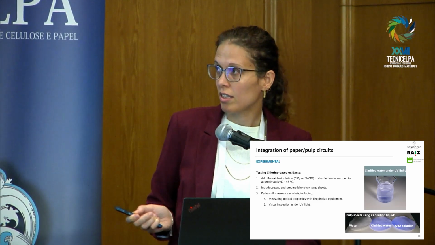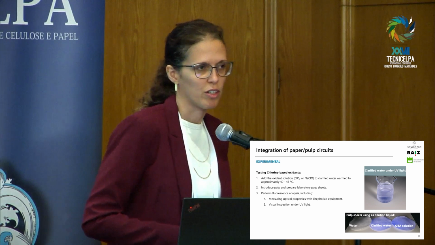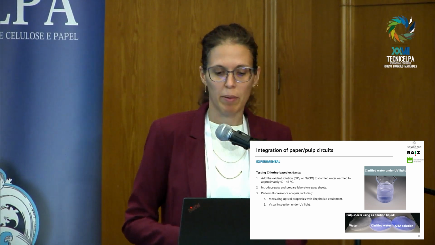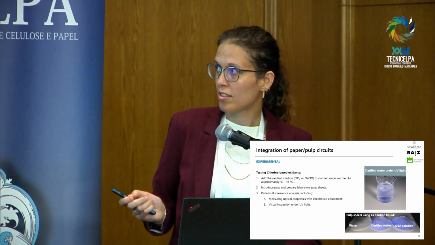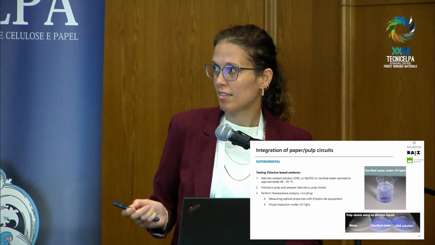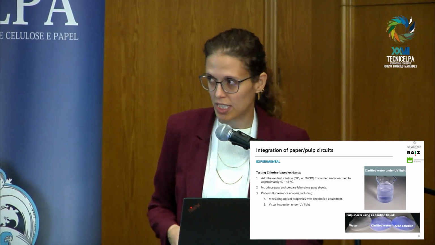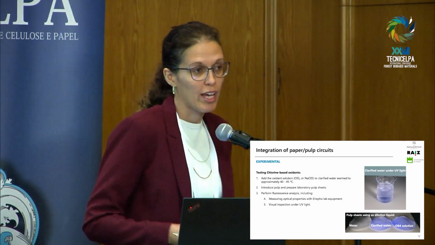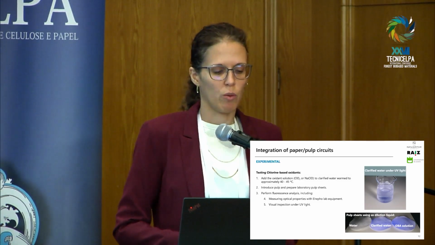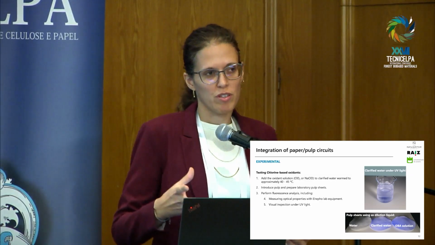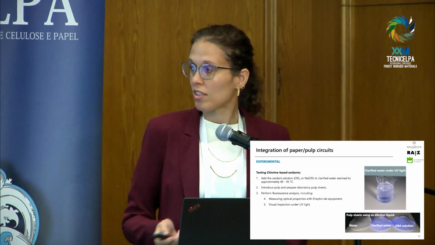As you can see here, clarified water has a lot of chemicals that are used in the paper production. The OBA is giving fluorescence under the UV light, and that's what we are trying to mitigate. So we add these oxidants in the clarified water, in the real water, and we prepared pulp sheets using this liquid, as you can see here.